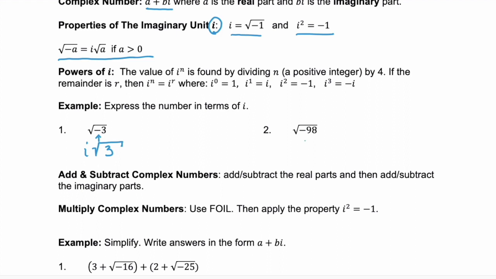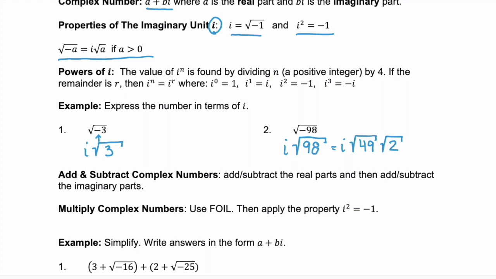How about example 2? The negative again comes out as the imaginary number i, and we get i times the square root of 98. Well, 98 factors to 49 and 2.